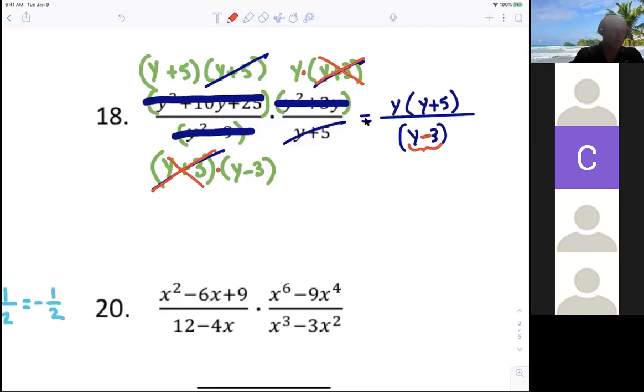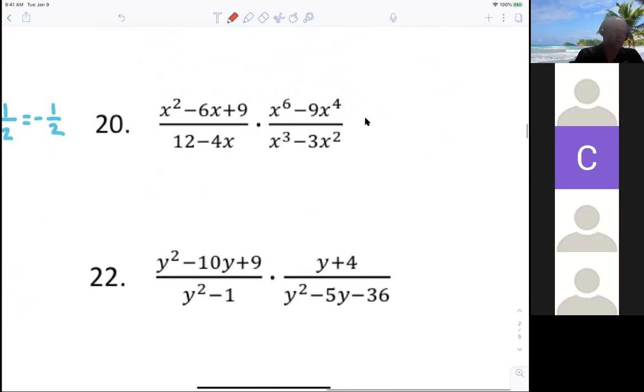All right, guys. Here we go. Continue on. Number 20. Factoring. So that factors into x minus 3 and x minus 3. The bottom there's a common 4, so that becomes 3 minus x.